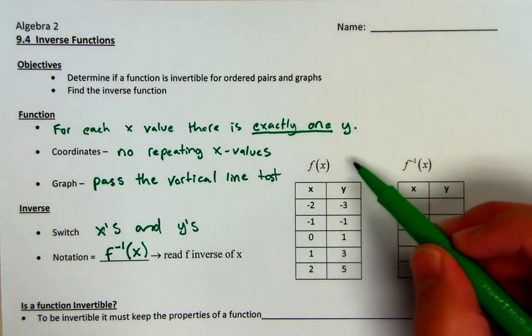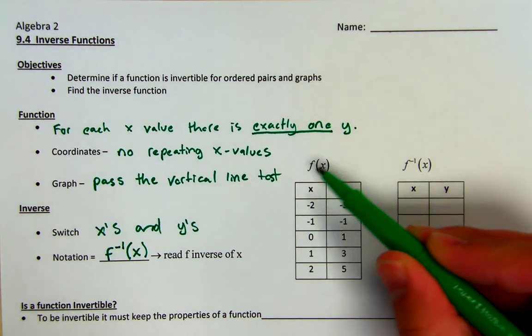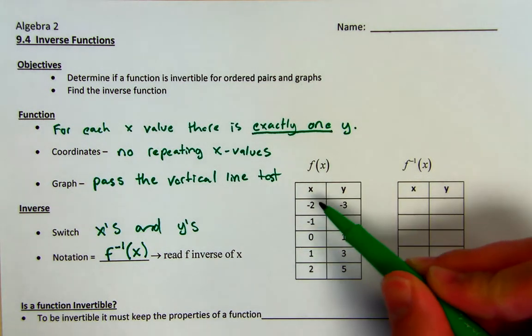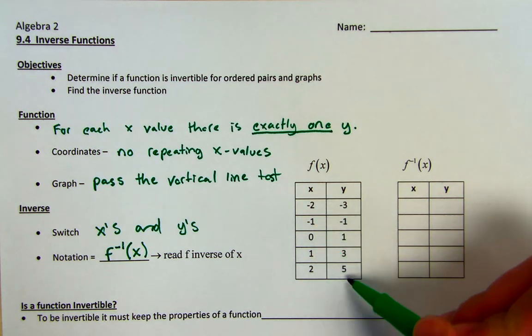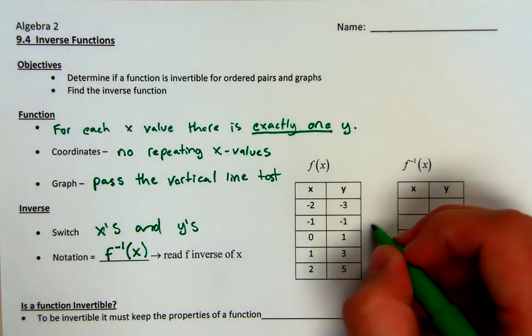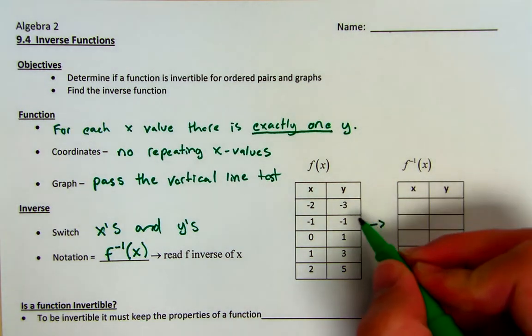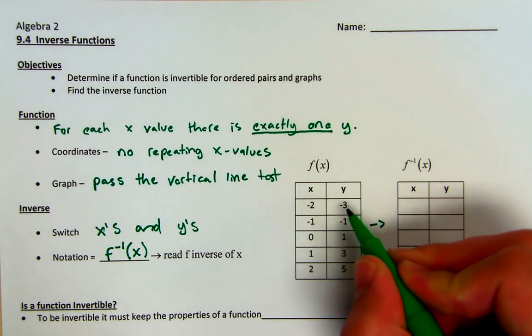If I look at this table to the right, here is f of x. We have a bunch of coordinate pairs. Every x value in this table has one y value, so we are able to invert it. To invert it, we are going to switch each x and y pair around. So x and y, we have -2, -3.